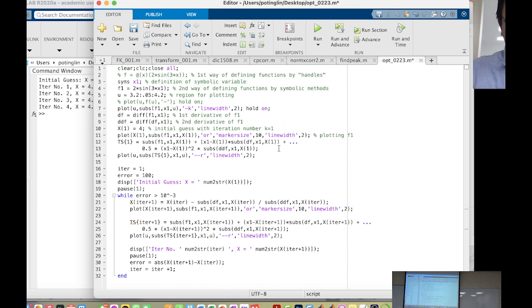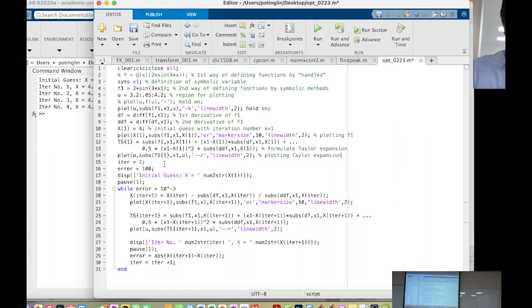Over here, this is to formulate the Taylor expansion. This is to plotting the Taylor expansion. This is an initial iteration number, and this is the initial error value, and this is to display initial guess.